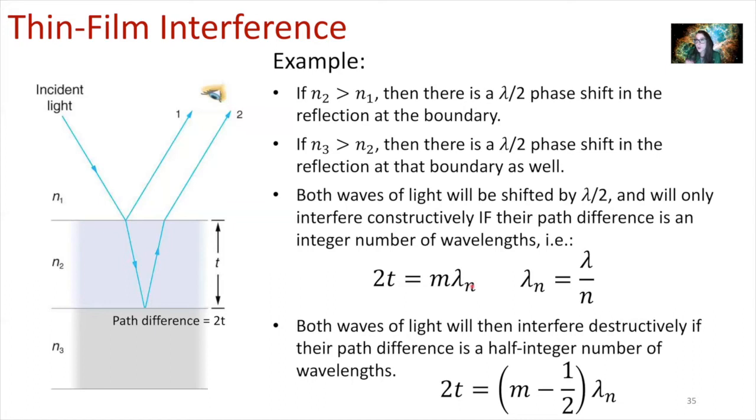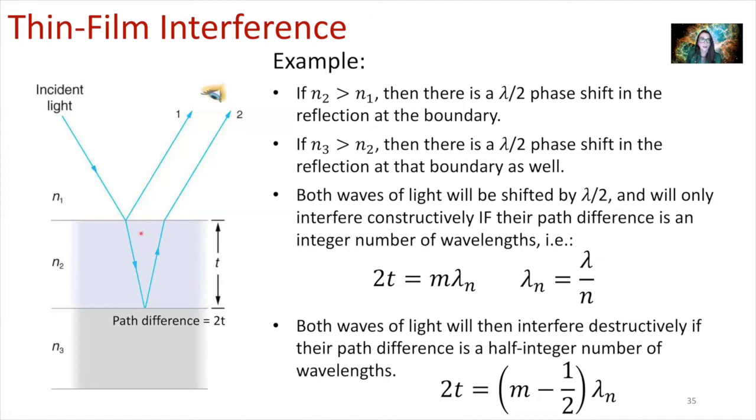And this is the wavelength of light inside this material. And we already saw that you can find the wavelength of light inside a material, and that's equal to the wavelength of light in a vacuum outside the material divided by the index of refraction, okay?